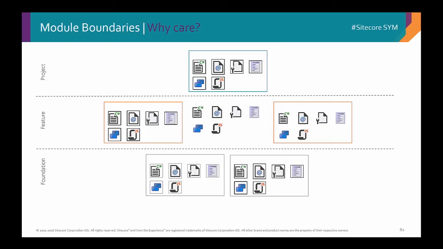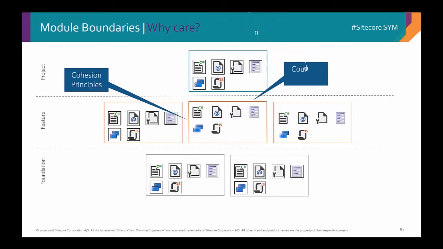Then we have the cohesion principles that explain which of these files should actually belong together. And we have the coupling principles that tell us how to create the dependencies between our modules.